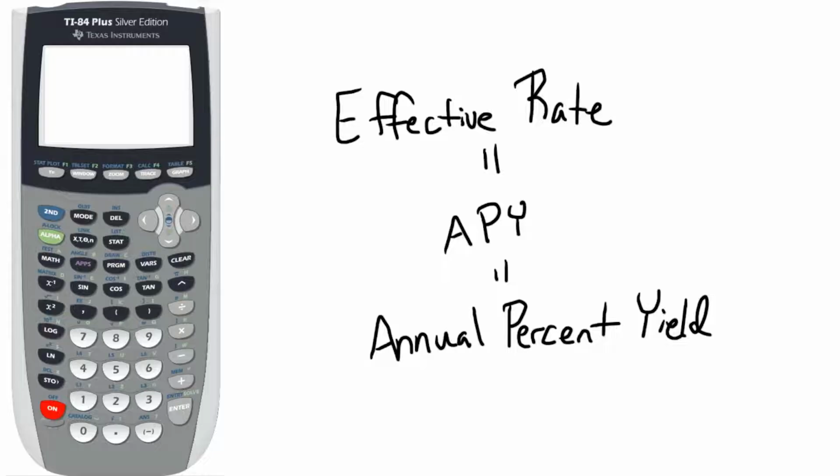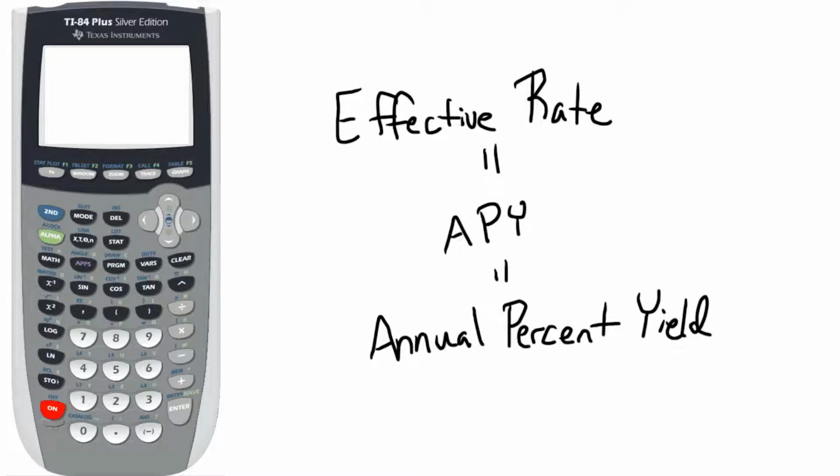Hello students. In this video we're going to talk about effective rate. That's also seen quite often as APY, which stands for annual percent yield. We've seen already that when dealing with compound interest, the more often you compound something, even at the same rate, could increase its value.